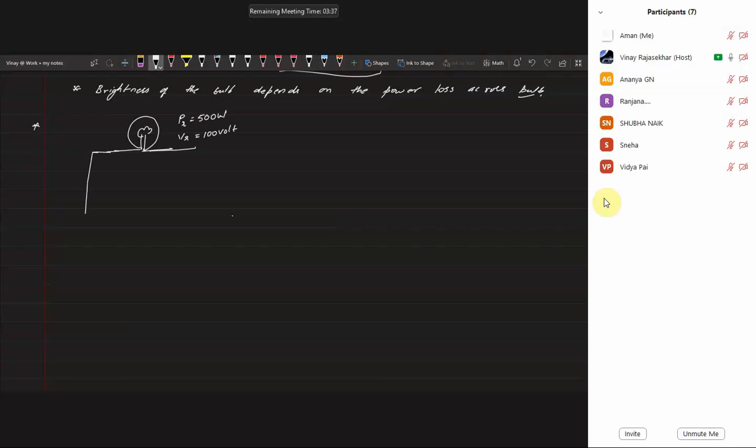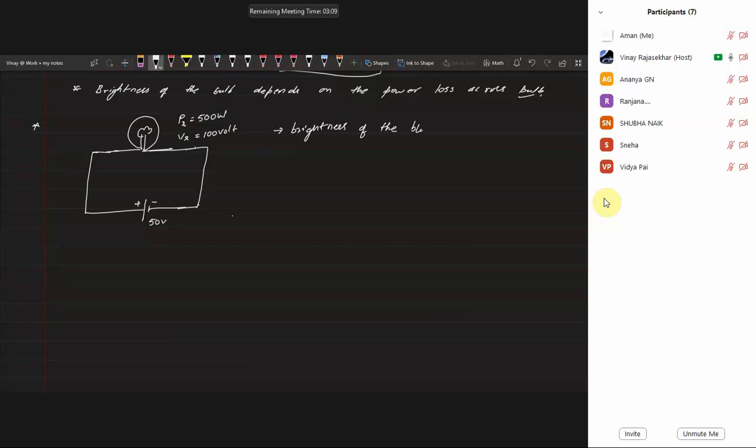Now I connected this to a battery of, for example, 50 volt. Now we have to calculate the brightness of the bulb. The question is: the brightness of the bulb is?